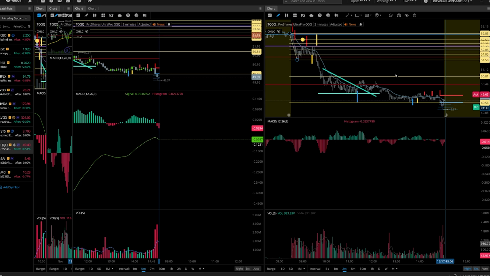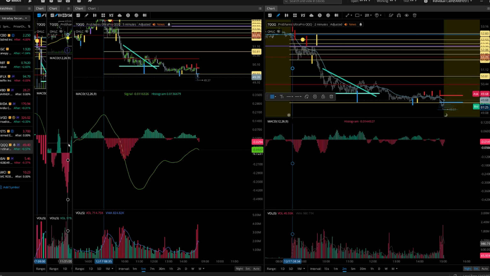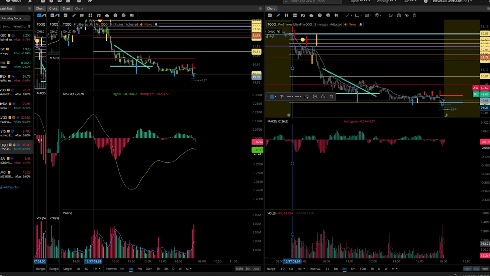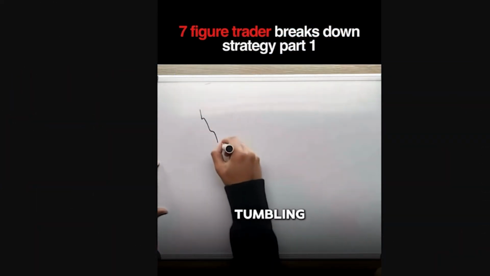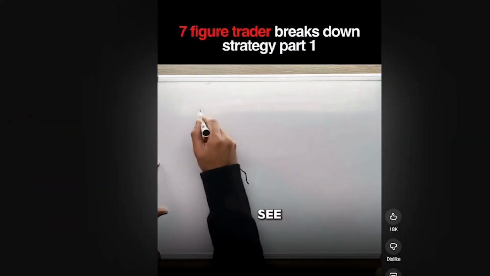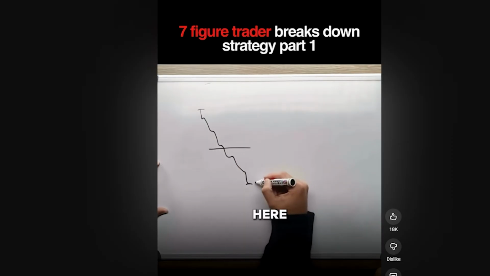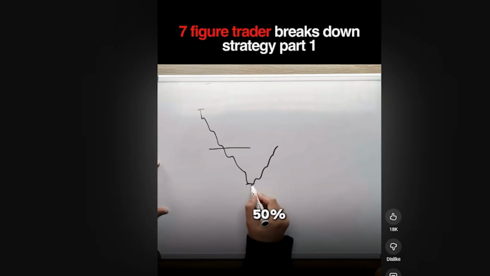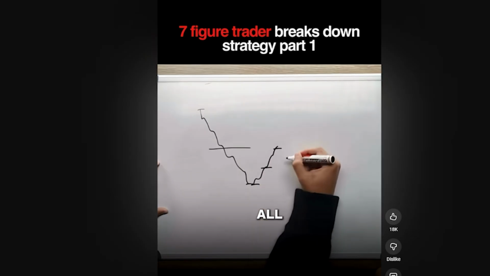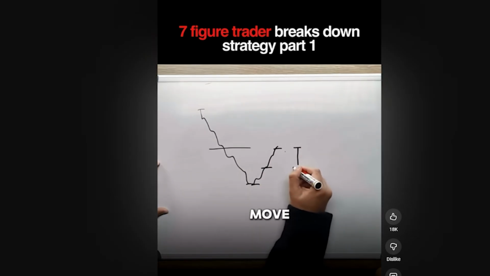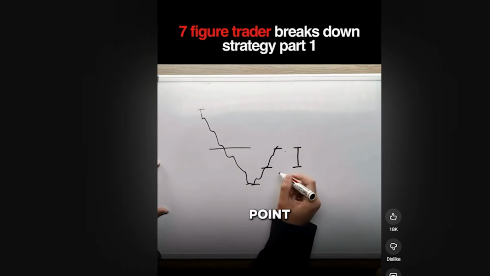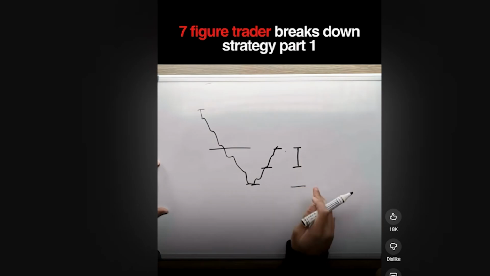So now, let's run the strategy, but before we do, knowing that we've got a downward bias on the market, Trader Kane... Price is tumbling, yeah? All I want to see is price trade into 50% of the range here, and then 50% of this range, and all I want is this move right here, because at that point, even though the trend is this, if this is going to continue to here, great.